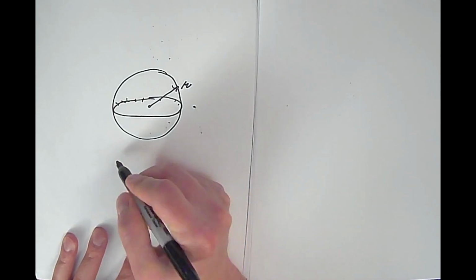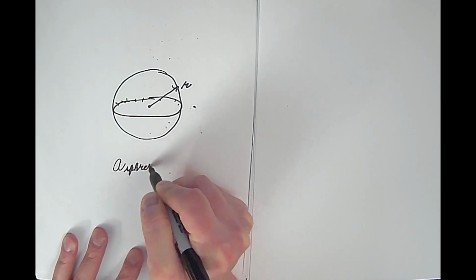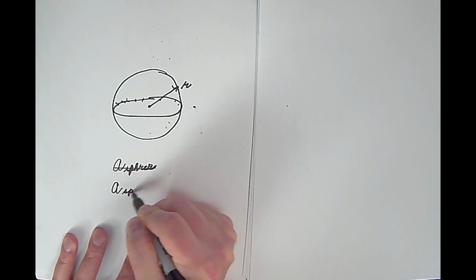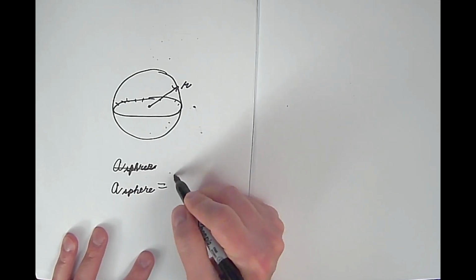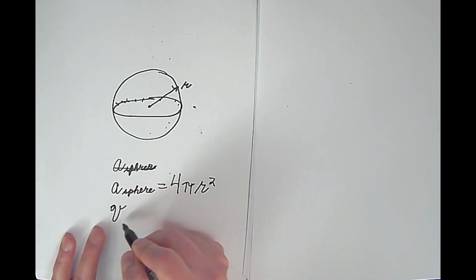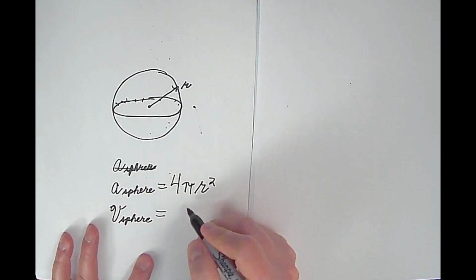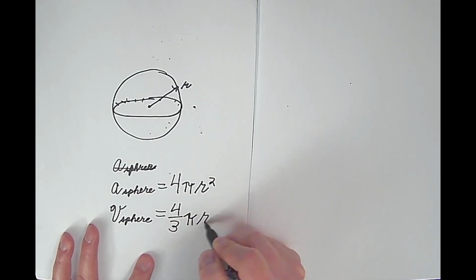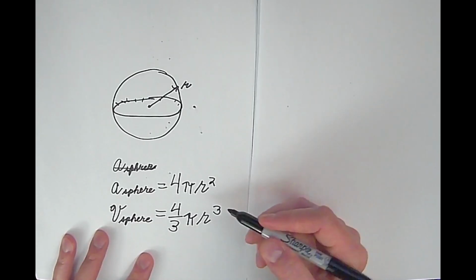And the surface area of a sphere equals 4 pi r squared, and the volume of a sphere equals 4 thirds pi r cubed.